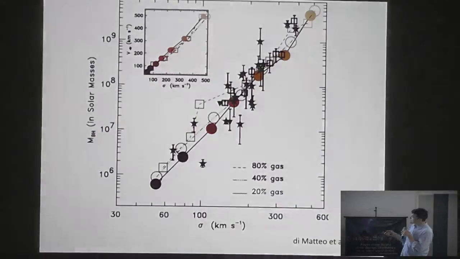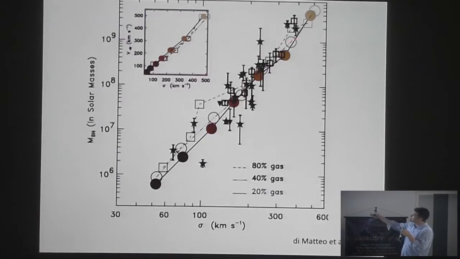So this feedback, essentially, will lock in this relation of black hole mass and sigma. As you accrete more gas onto the system, it's forming stars, and some of that gas is flowing down to the black hole, accreting onto the black hole.